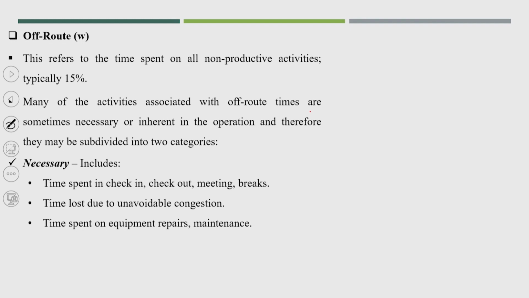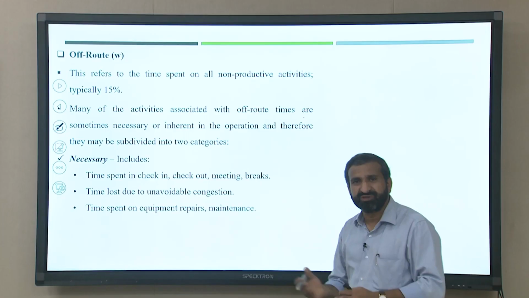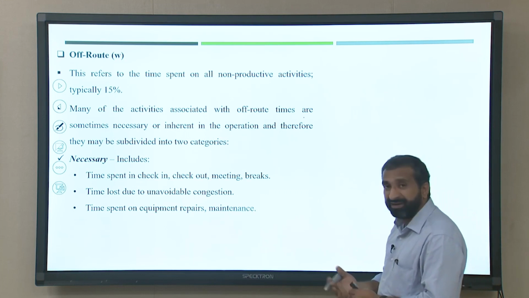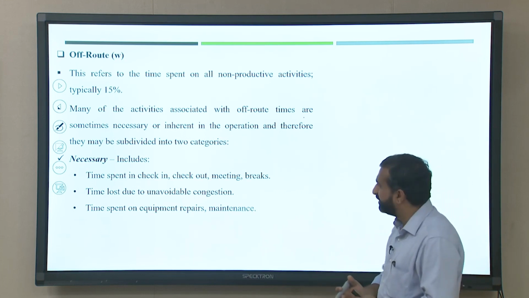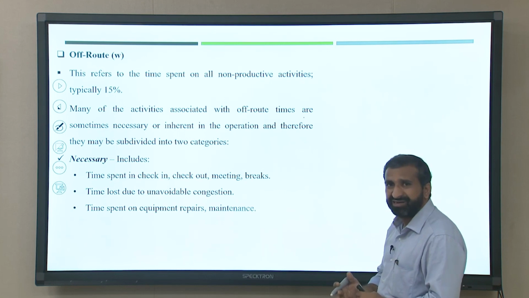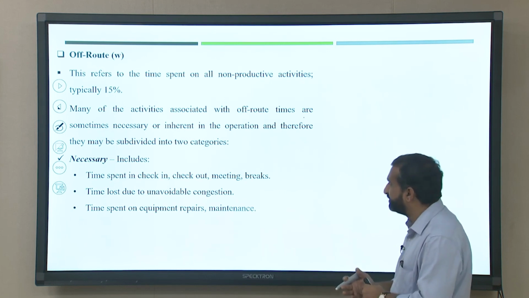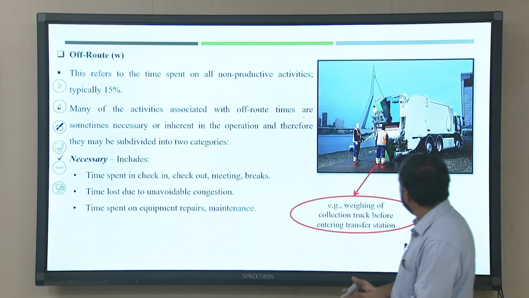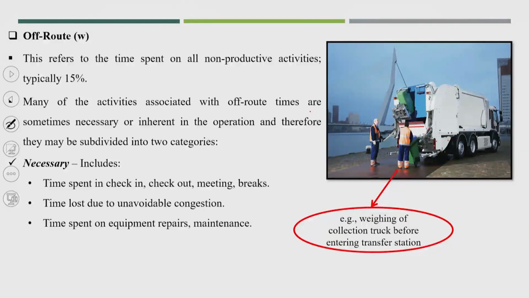Also, time lost due to unavoidable congestion, maybe because of traffic issues, and time spent on equipment repair and maintenance is also possible. These are all necessary activities during the collection.